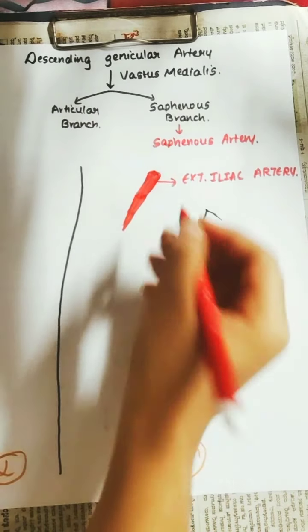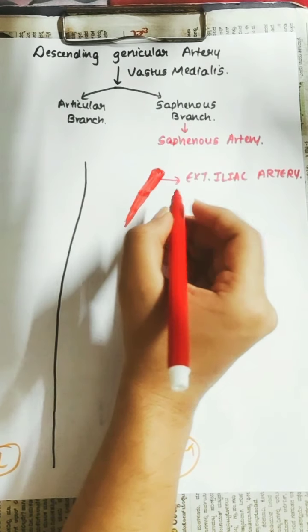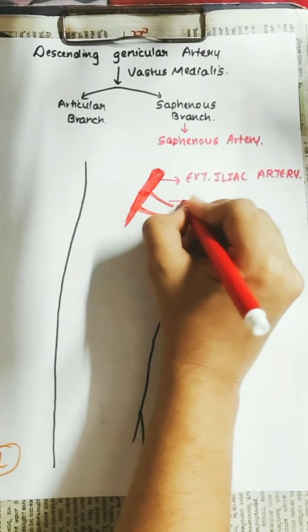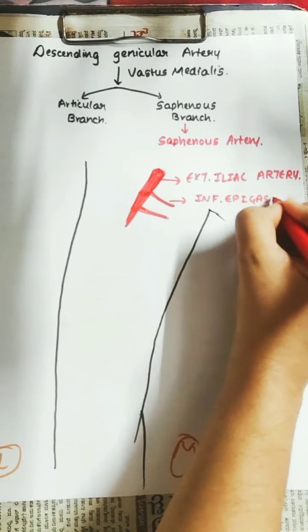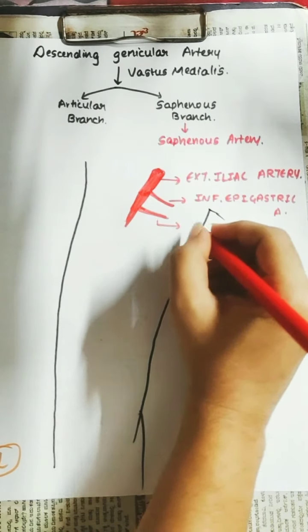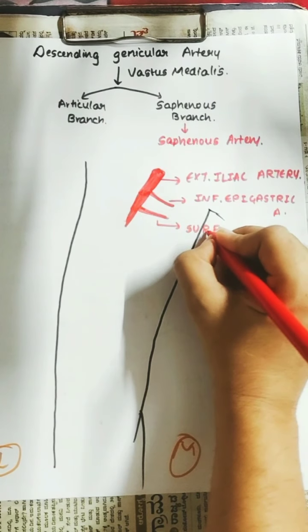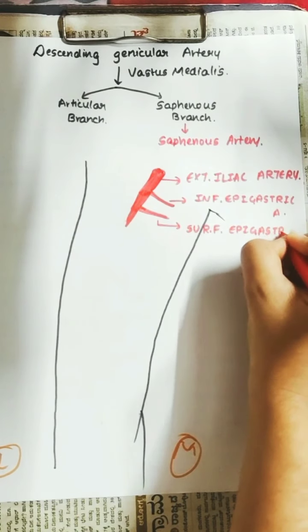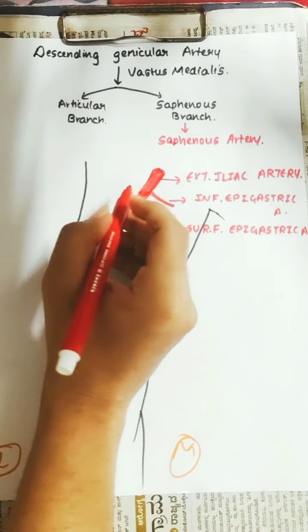On the medial side, it gives rise to the inferior epigastric artery as well as the superficial epigastric artery.